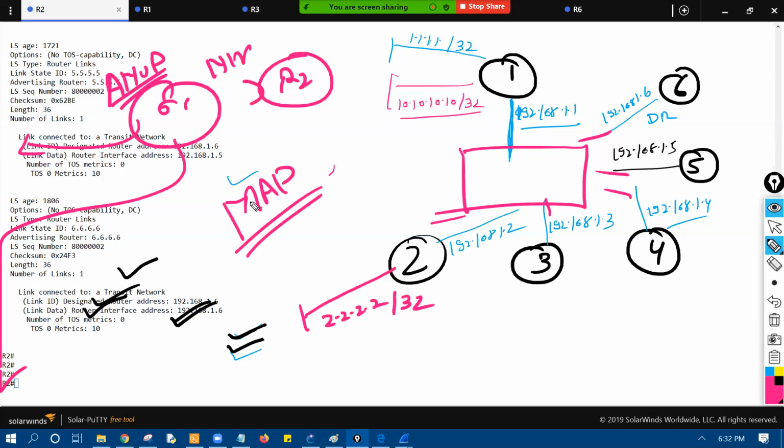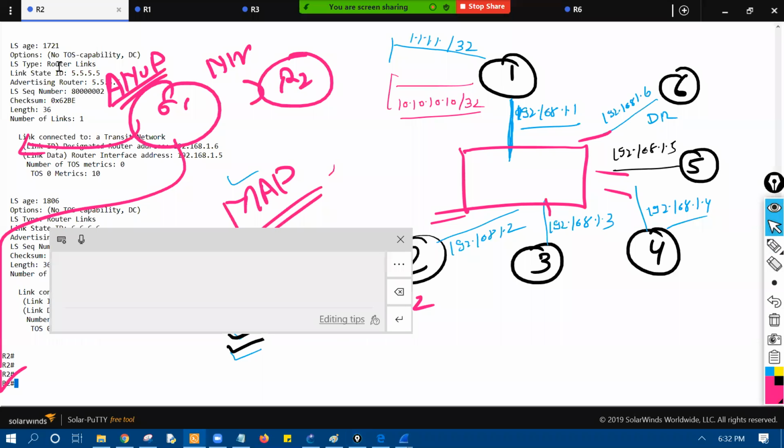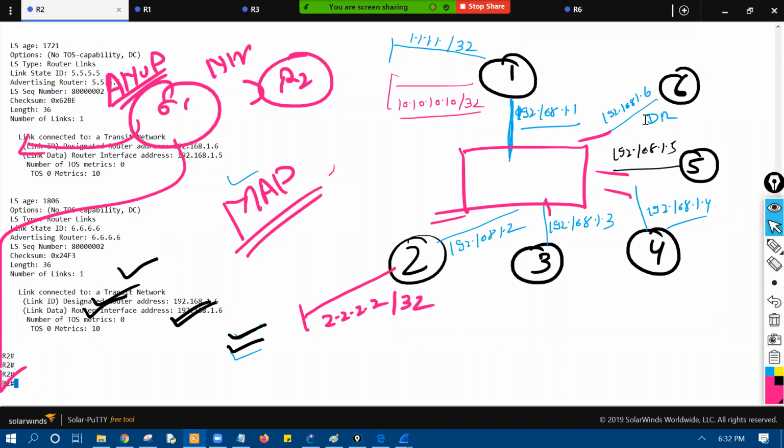You can check where is Marathahalli, where is Domlur, where is HSR Layout, where is BTM Layout, where is Kalyan Nagar, right? You can see that. Same thing. I'm just present on the R2 router, and based on R2, I can get all the information. I can draw my topology. This is the meaning of map.